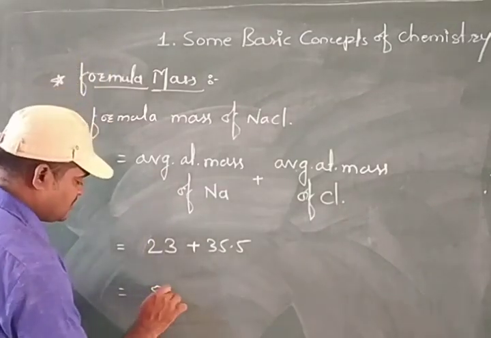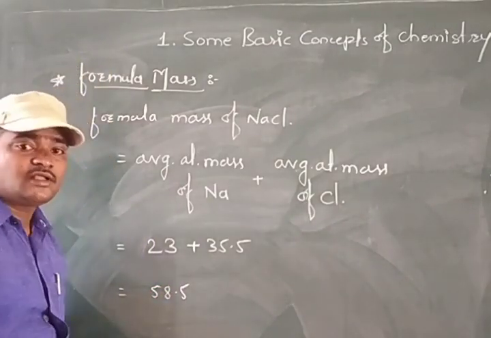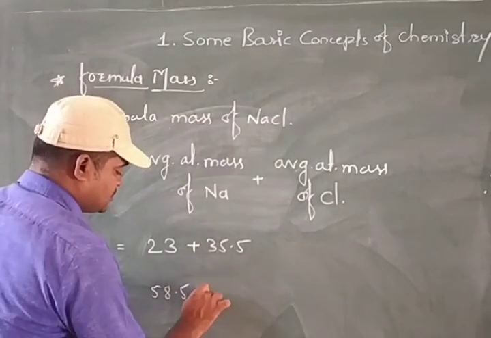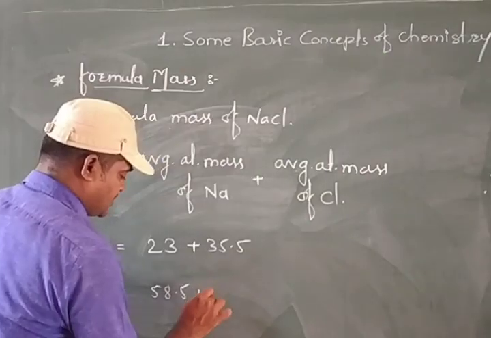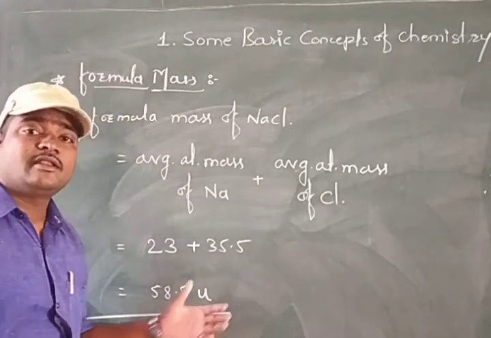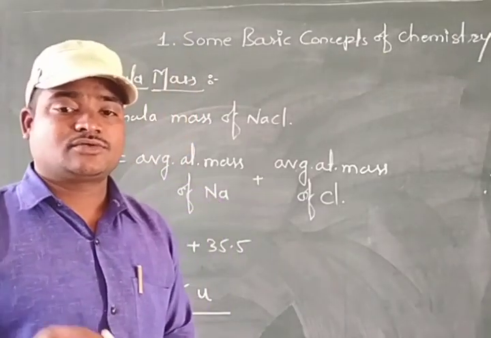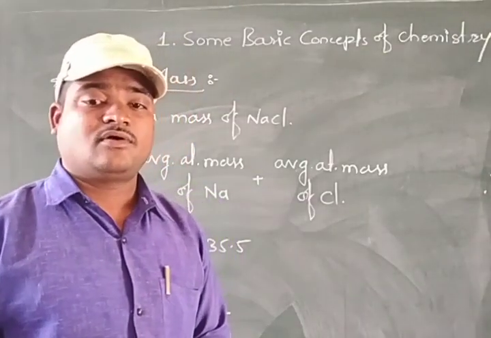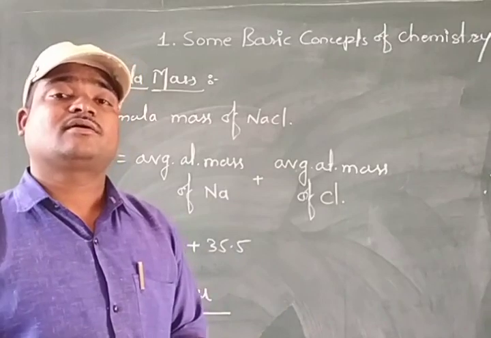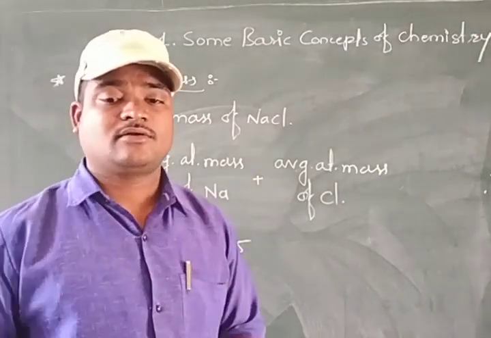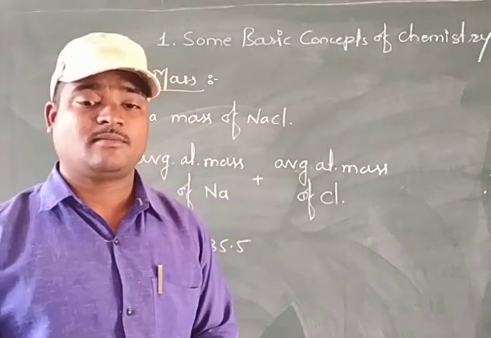It will be 58.5. And if you want its unit, you just use this simple unit, because this is a pure number. Like that, students, you can calculate for different examples. This is the method for calculation of the formula mass.